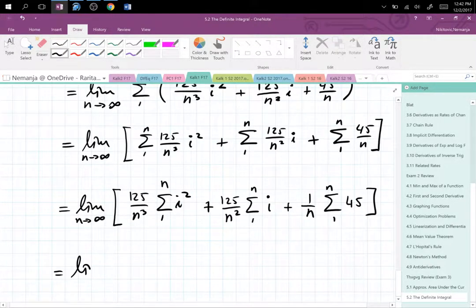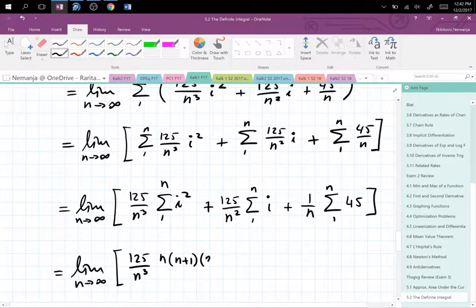And now use the formulas. So 125 over n cubed, copy, and i squared is given as n plus 1, 2n plus 1 over 6.